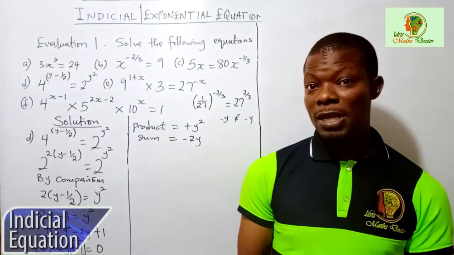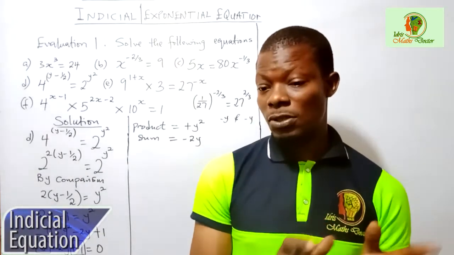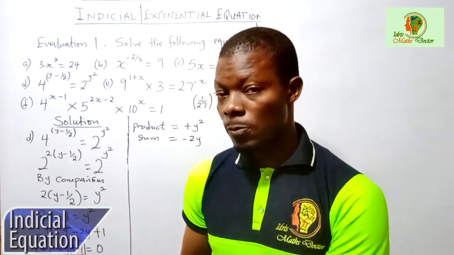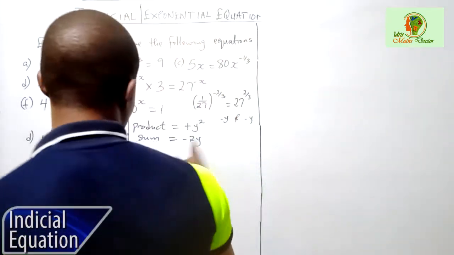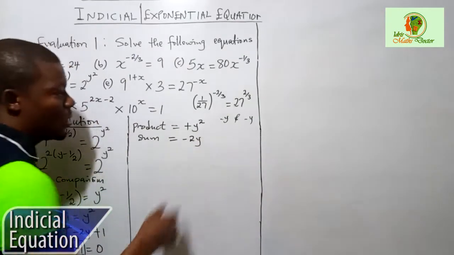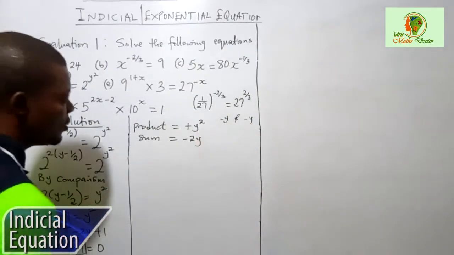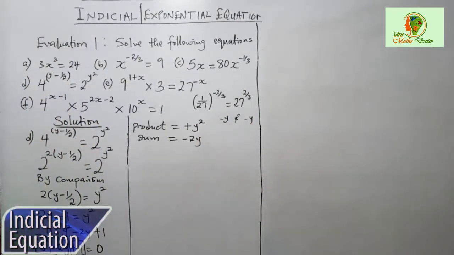When you ignore the signs, you do 1 plus 1, the answer is 2. You attach the minus back, the answer is minus 2, so minus y and minus y is minus 2y. Now this and this are going to come into the equation to replace the middle term, the sum.